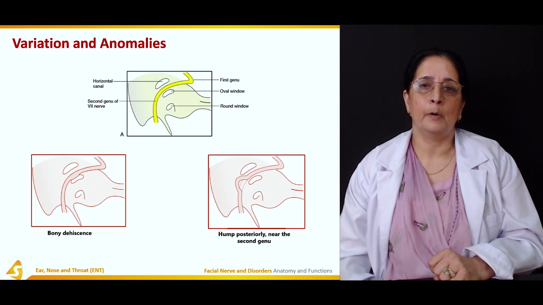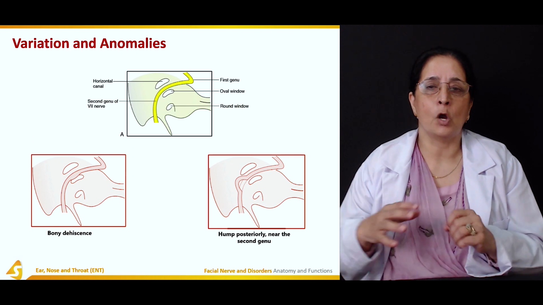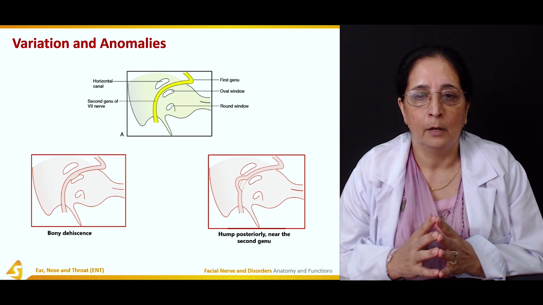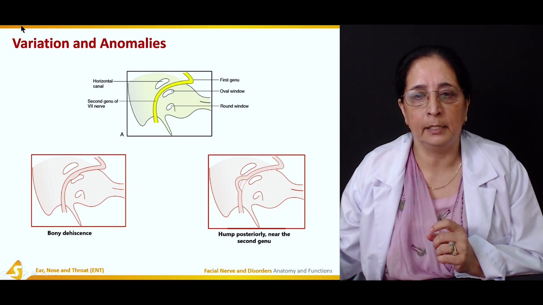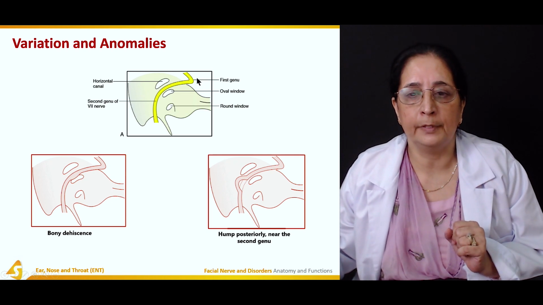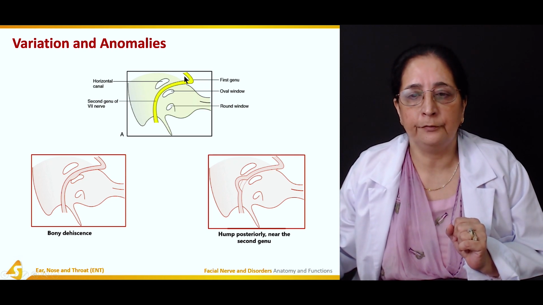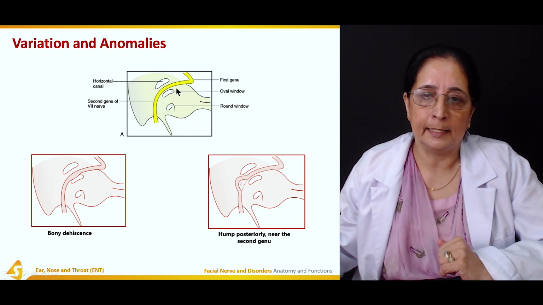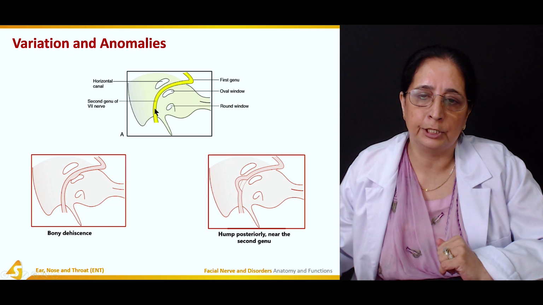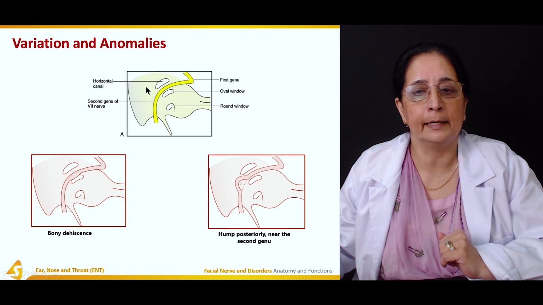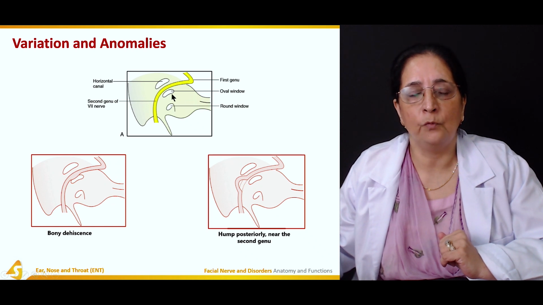Now let's talk about some variations and anomalies of the course of the facial nerve. This is the normal position of the facial nerve. This is the first genu, or turn, and this is the second genu of the facial nerve. This is the horizontal canal, and this is the oval window and the round window.